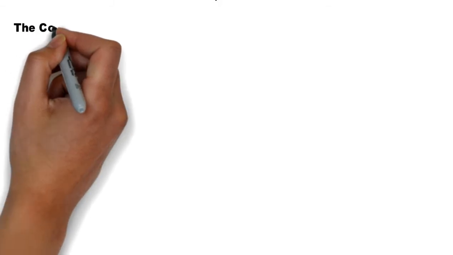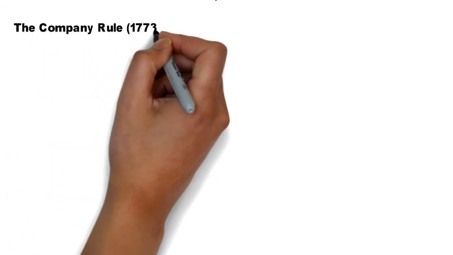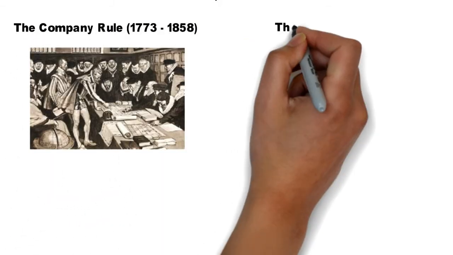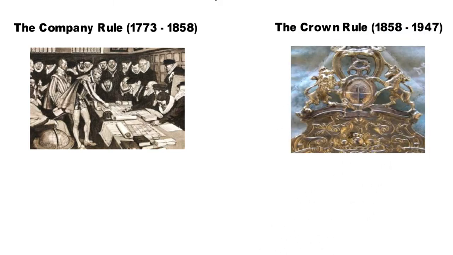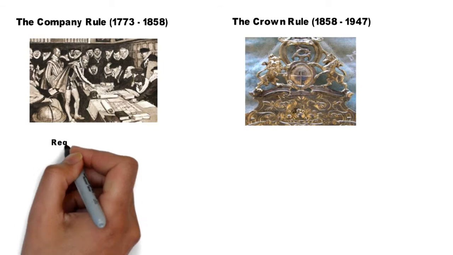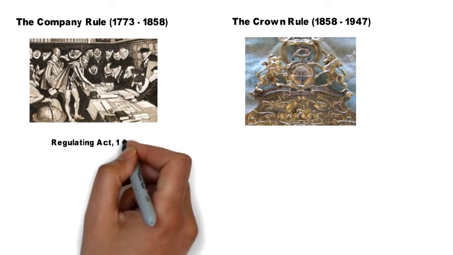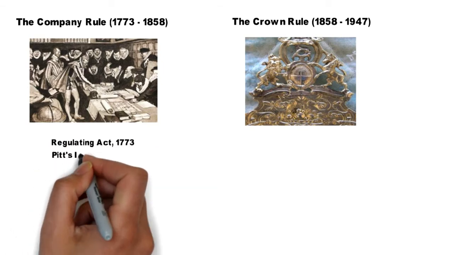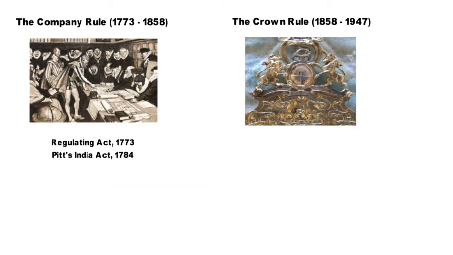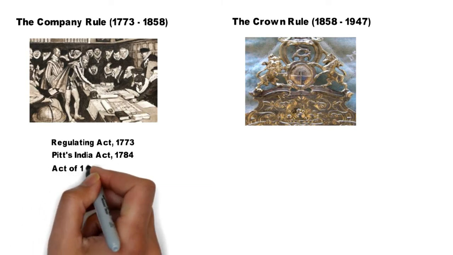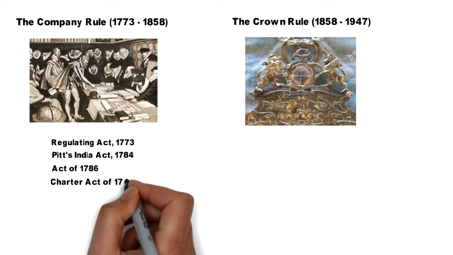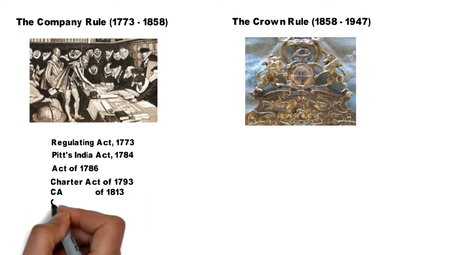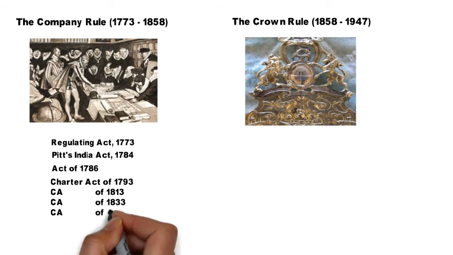The Company Rule, 1773 to 1858, and the Crown Rule, 1858 to 1947. In the Company Rule, there were some important acts like the Regulating Act of 1773, Pitt's India Act of 1784, the Act of 1786, and 4 Charter Acts of 1793, 1813, 1833, and 1853.